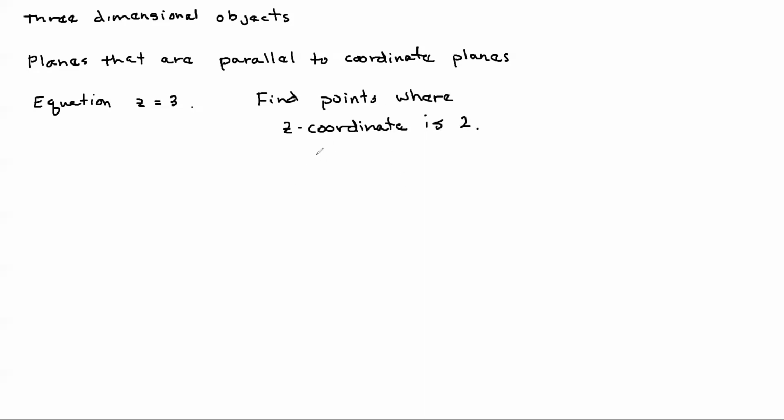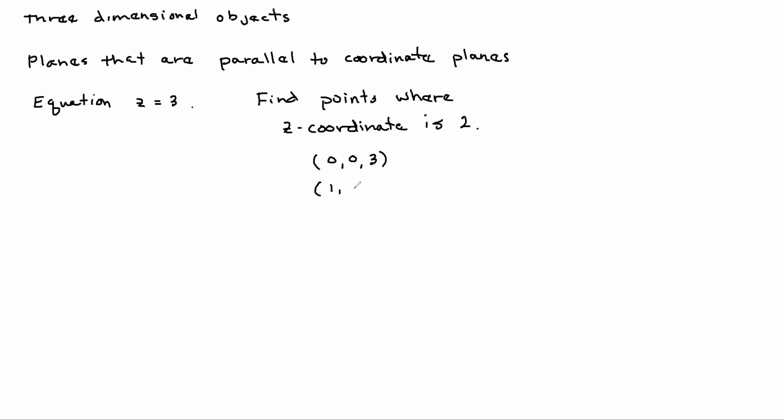So if I said 0, 0, 3, does this satisfy the equation z equals 3? Yes, it does, because there's no hint as far as what x and y are. All we care about is that z is 3.